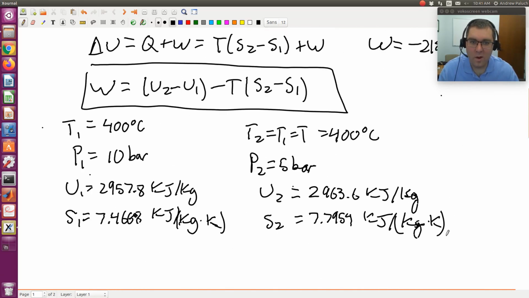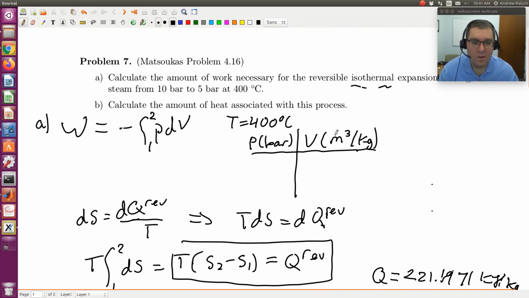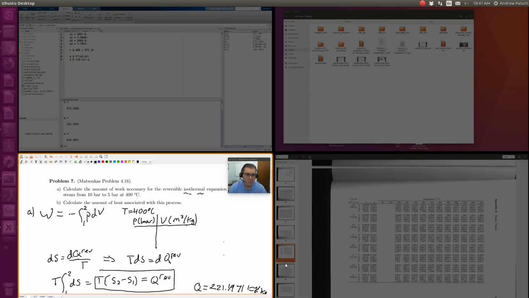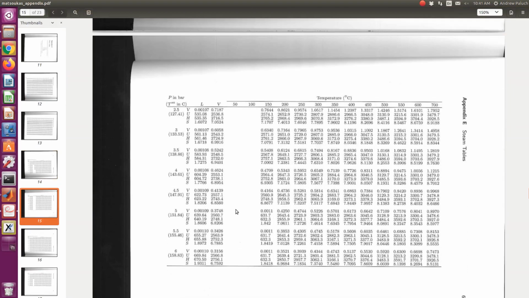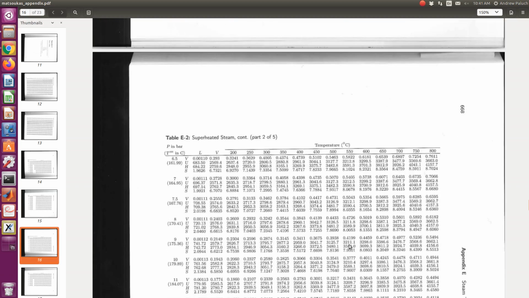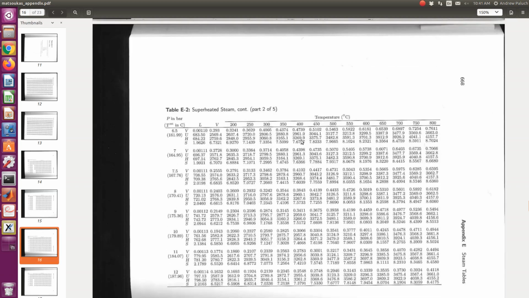So this is the route I would go to solve it. Again, you could have created or tabulated PV data, and you would have tabulated that data between 5 and 10 bar at 400 degrees C. All right, so at 5 bar, here's 400 degrees C. You could calculate or tabulate V, and then you can do that all the way up to 10 bar, and then you should be able to numerically integrate the data.